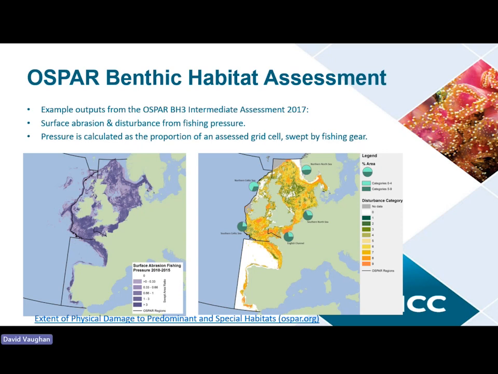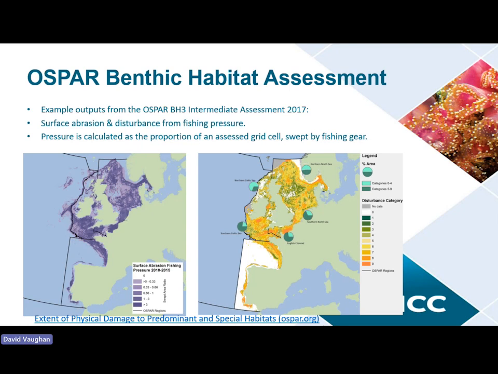It was determined quite some time ago that the primary pressure on most benthic habitats in the Northeast Atlantic is due to fishing. There are others, as indeed there are elsewhere, but in terms of the spatial footprint, fishing is predominant. The map on the left is fishing data, which has to be provided by the fishing fleets.